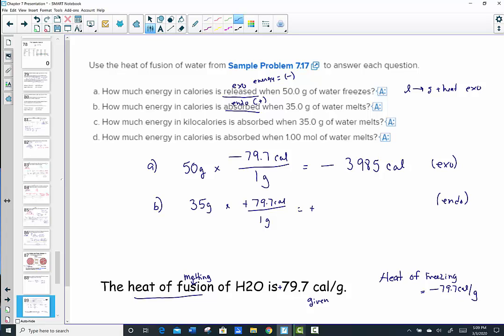That's too big. I hit it wrong. 35 times 79.7. And that gives us 2789.5. Well, let's just put that into 3 sig figs. How about 2790? And that's a positive. This should have 3 sig figs as well, I suppose.